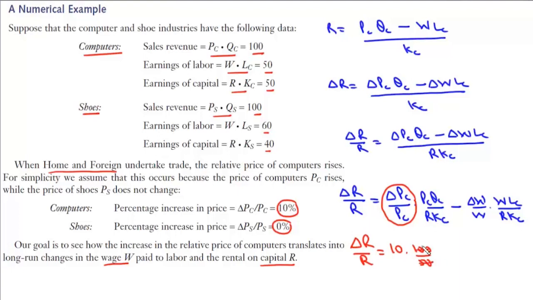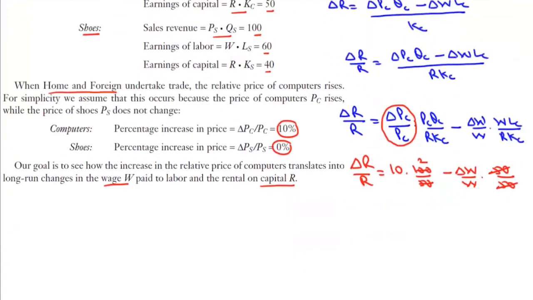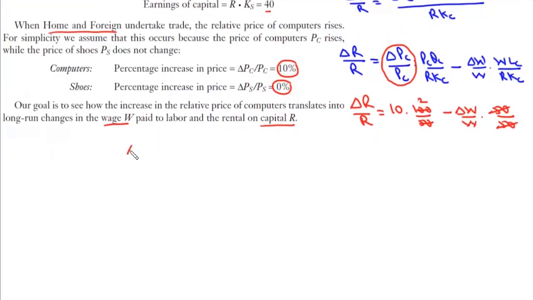So it will be 2 into 10, and minus delta W upon W into, now WLC is the earning of labor, which is 50, upon the earning of capital, which also is 50. Now this 50 and 50 will cancel. So from here we can write delta R upon R plus delta W upon W will be equal to 20%, and this is our first equation.